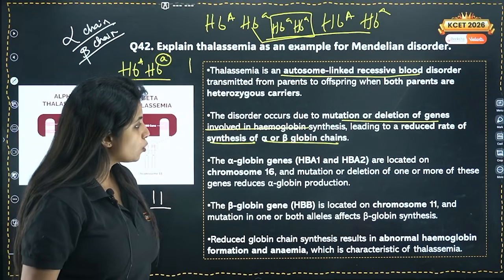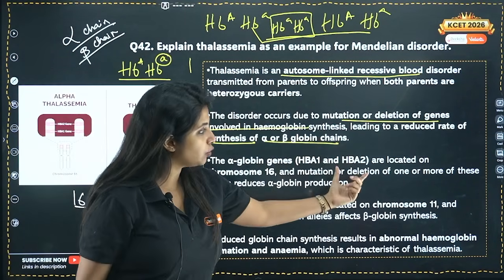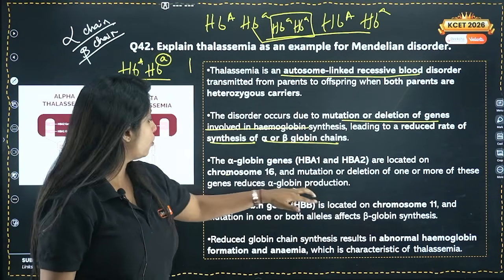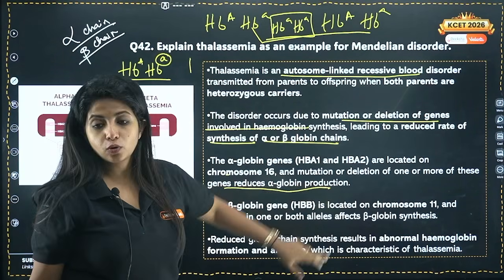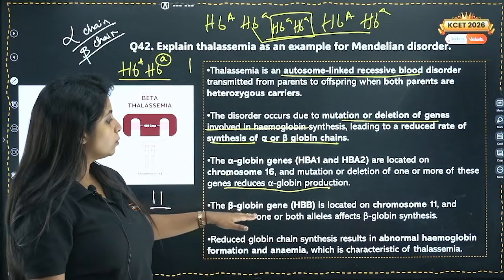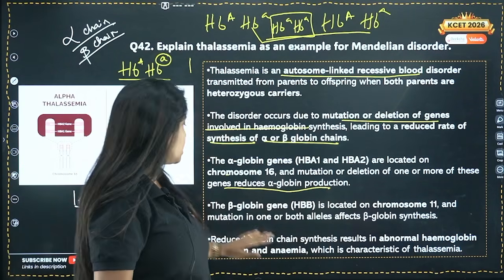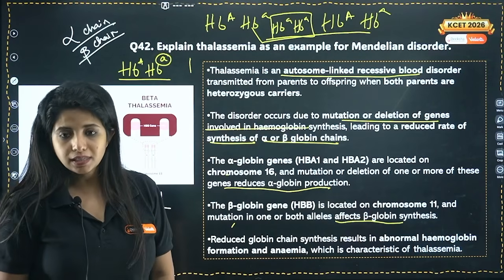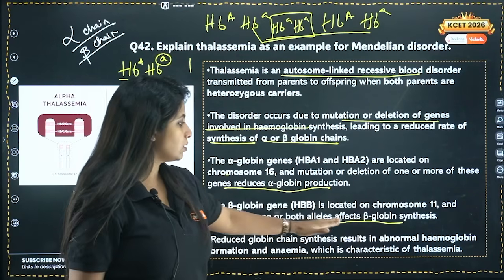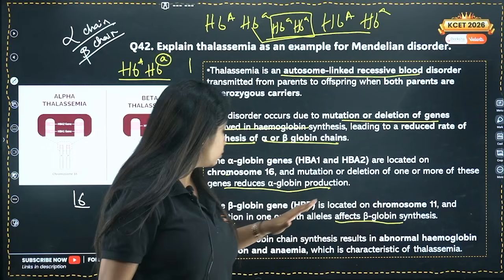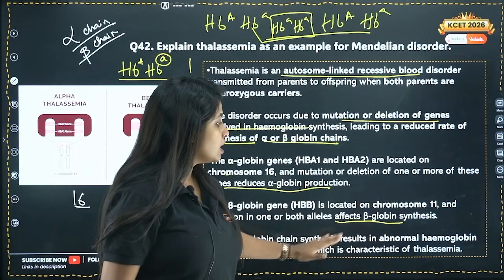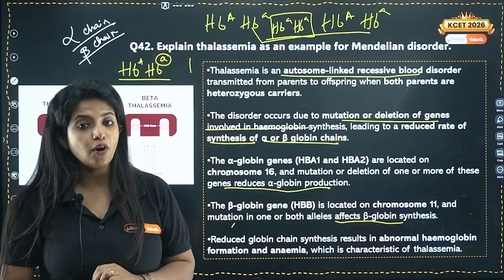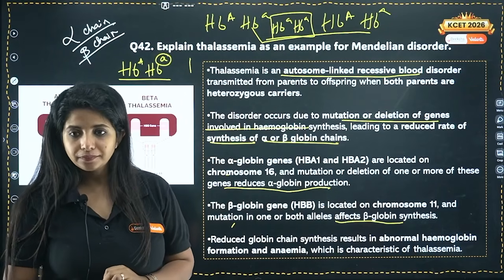The alpha globin genes HBA1 and HBA2 are located on chromosome number 16, and mutation or deletion of any one or more of these genes reduces alpha globin production. Similarly, the beta globin gene is located on chromosome number 11, and mutation in one or both alleles affects beta globin synthesis. Reduced globin chain synthesis results in abnormal hemoglobin formation and anemia, which is a characteristic feature of thalassemia.